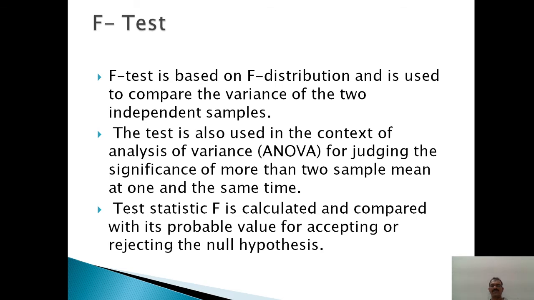The test is also used in the context of analysis of variance, ANOVA, for judging the significance of more than two sample means at one and the same time. Test statistic F is calculated and compared with its probable value for accepting or rejecting the null hypothesis.